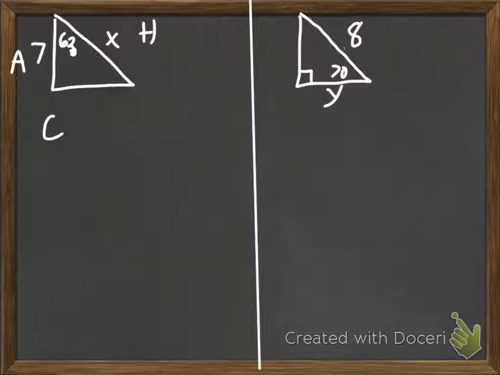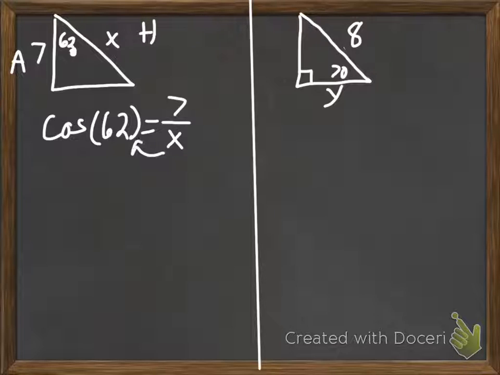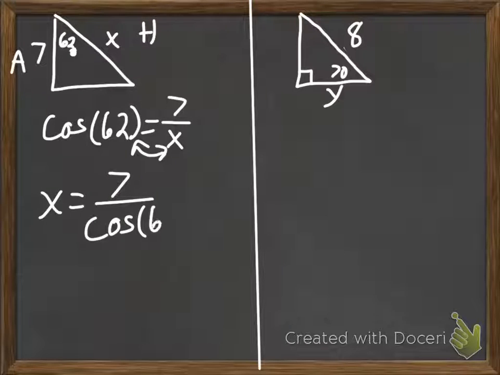So we're going to get the cosine of 62 equals 7 over x. And because the variable is on the bottom, we're going to switch these two. So we get x equals 7 divided by the cosine of 62 degrees. We plug that in our calculator, and we get 14.9.